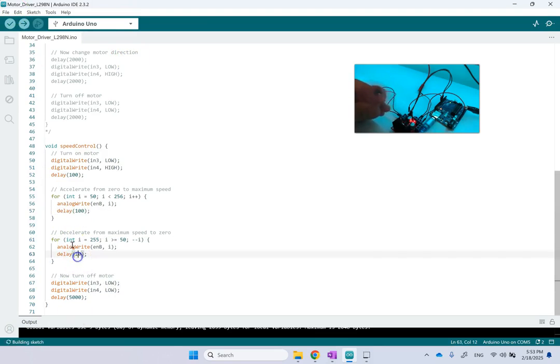And if you want to see the transitions better, you can change this delay. Instead of 10 milliseconds, make it 100 milliseconds, so you can see the transitions a little bit in slow motion as opposed to doing it super fast, going from one duty cycle to the next. It just makes the system a little bit slower, so you can see the transitions better. Let's see here. There we go.